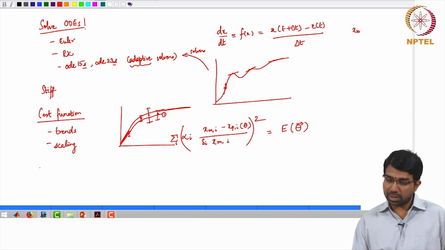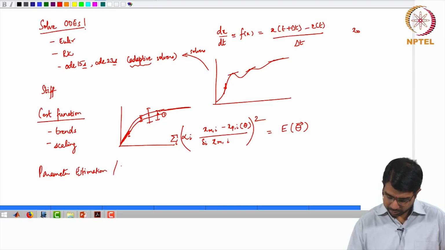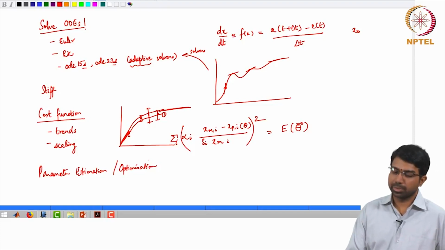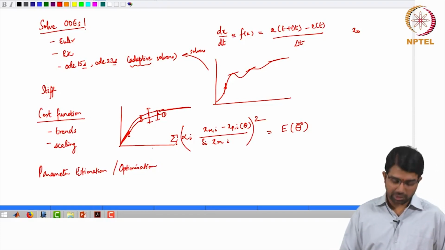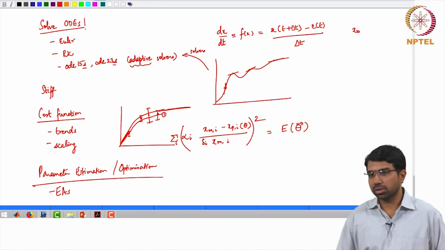How do you find these parameter sets? Parameter estimation or optimization. We looked at a battery of methods, especially focusing on evolutionary algorithms.